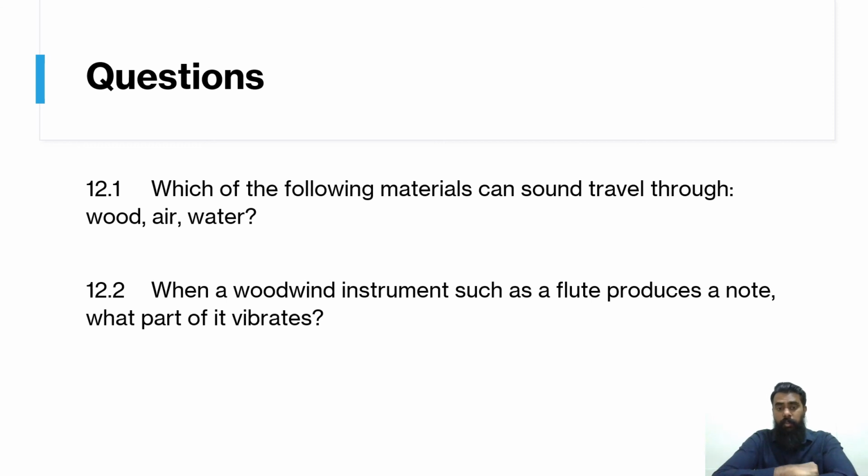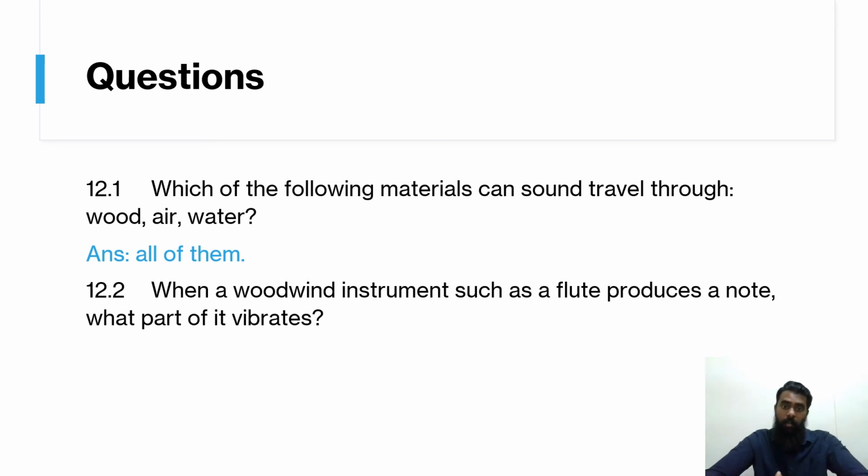Now let's look at some questions to check our understanding of what we have studied so far. You can find these questions on page number 168 in your textbooks. The first question, 12.1, states, which of the following materials can sound travel through? Wood, air, or water? So yes, sound can travel through all these materials.